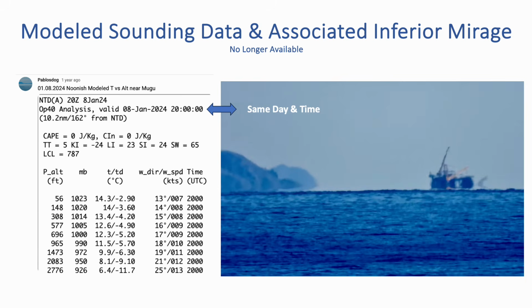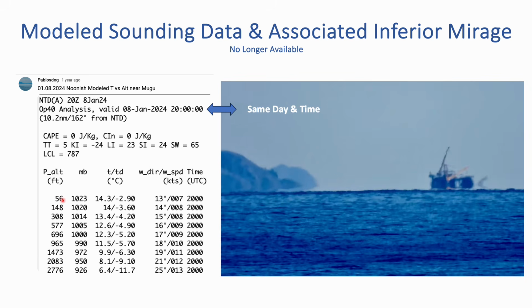Over a year ago, I found a site online that provided modeled sounding data, which is temperature versus altitude data for an area near Mugu Naval Air Station. And I was trying to correlate that data to what I saw in my pans. In this case, it's the same day and same time. They updated the data hourly, and it was a really strong inferior mirage this day, which indicates warm under cool air.